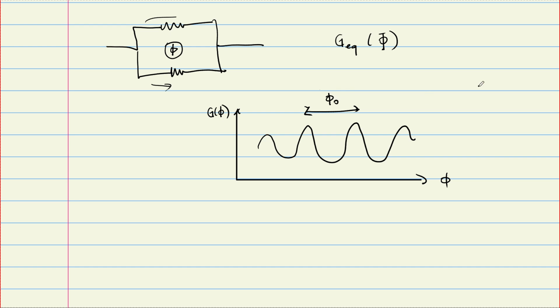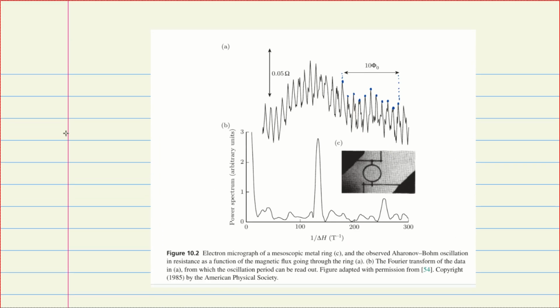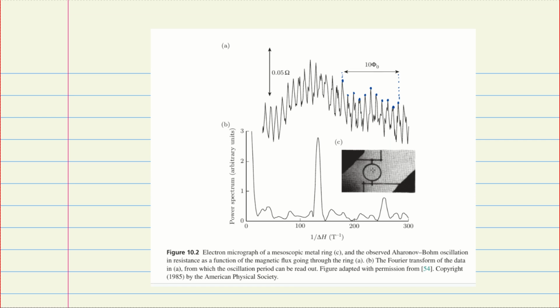And I think I have an example of this somewhere. Okay, here is the experiment. What they do is form exactly the same ring, and they put some leads, connect to these leads and pass a current, and as a function of flux, of course, how can you realize a flux right in the middle? That's another technical issue that requires a lot of experimental control.